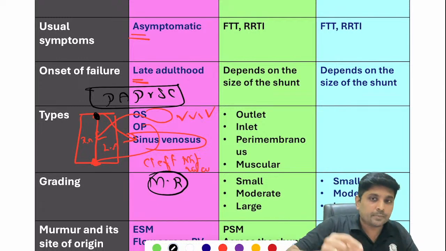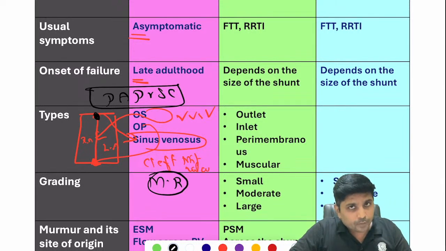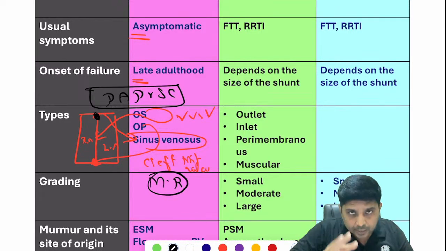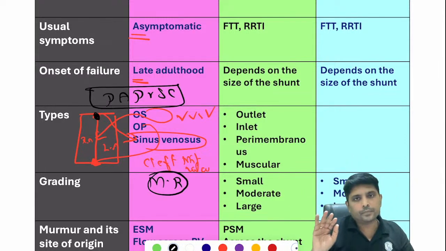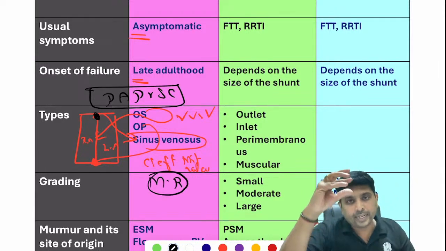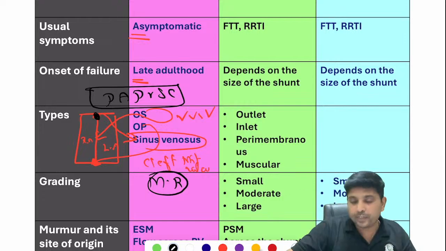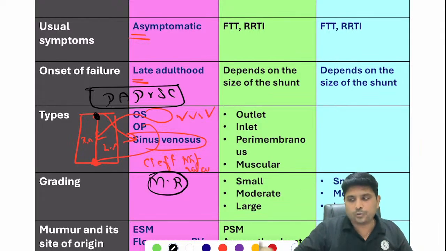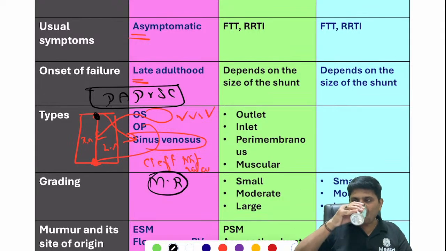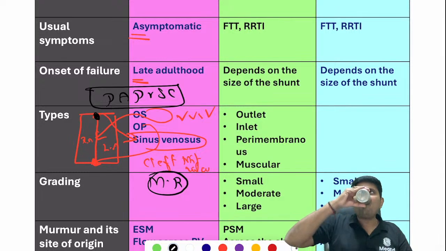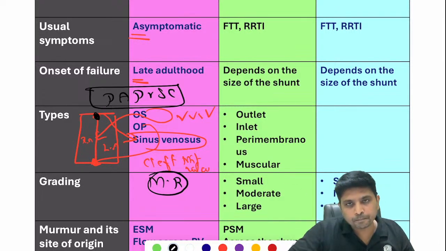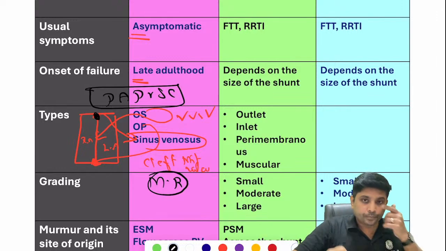So even when asymptomatic, surgical correction is the route. Whereas in ostium secundum, the most common defect, present in the central part of the atrium, surgery is advised only after 4 years when the ASD is large and fails to close. Okay, right.